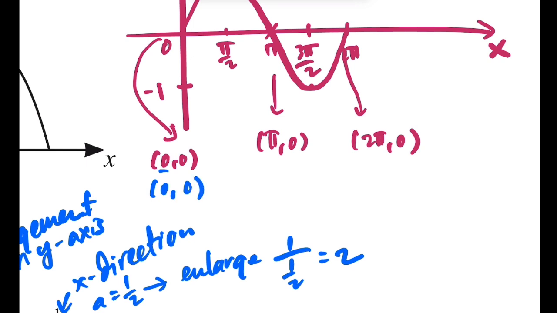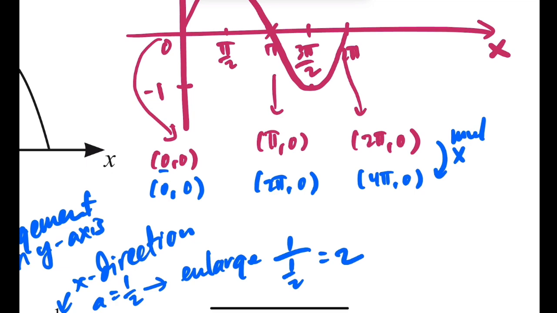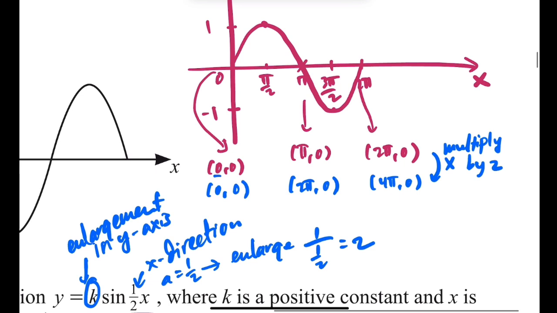We don't change the y. For pi, it's 2 pi, 0. This one becomes 4 pi, 0. We've multiplied x by 2. So the new intersection points are 2 pi, 0, and then the other one is 4 pi, 0.